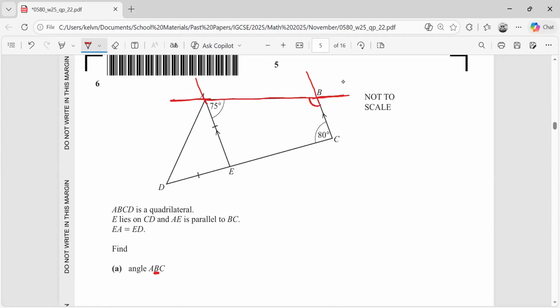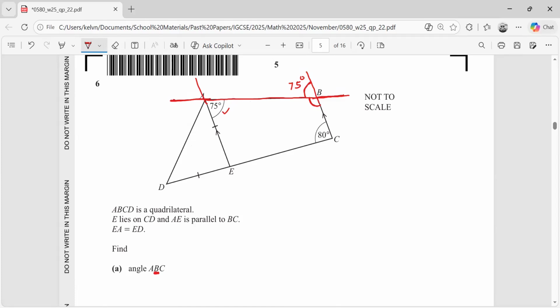If a transversal line goes through two parallel lines, there are some properties we definitely have to remember. For example, this angle here, 75, is going to be equal to this angle here, this 75 degrees. The reason being, we call those alternate angles. They're basically equal.